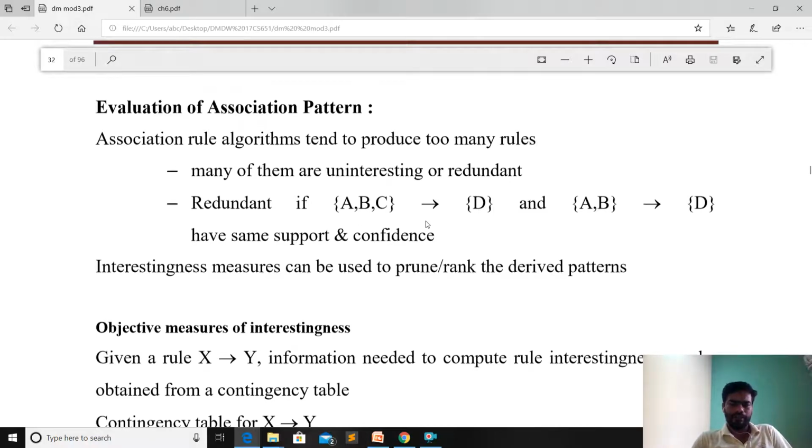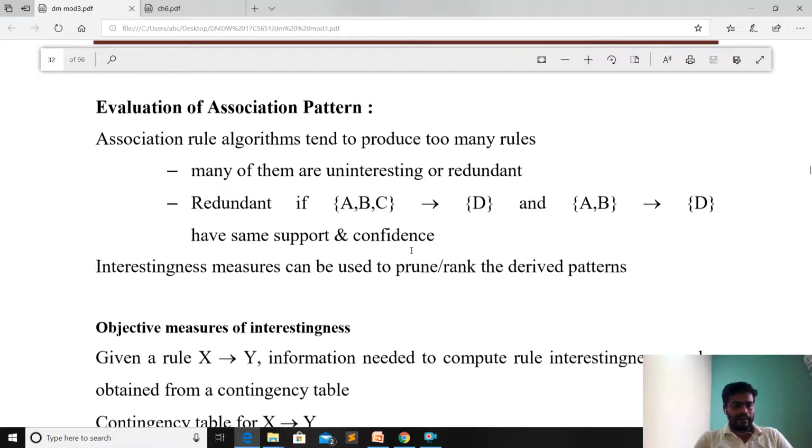Association rule algorithms tend to produce too many rules, many of them uninteresting or redundant. Rules are redundant if, for example, ABC implies D and AB implies D have the same support and confidence.